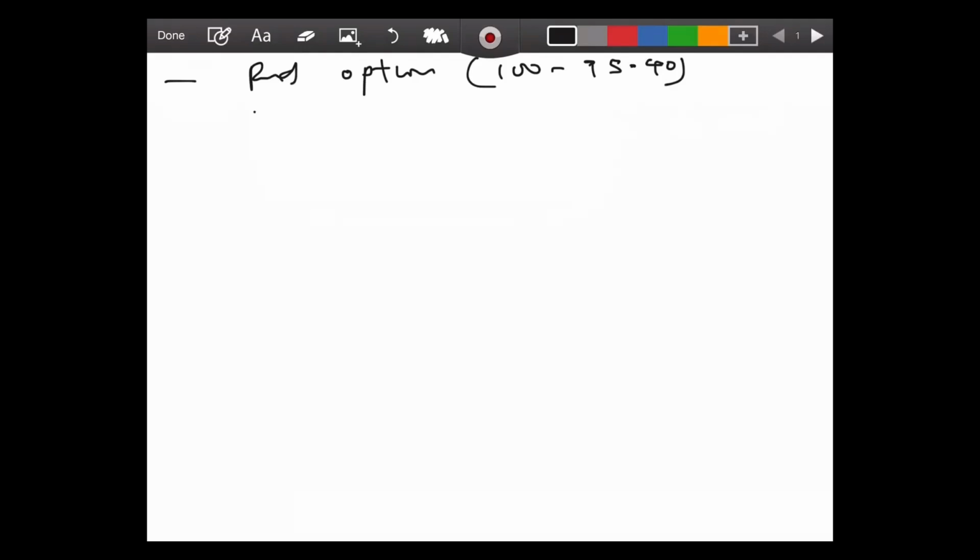That will give 4.6. So the strike price is 4.6.